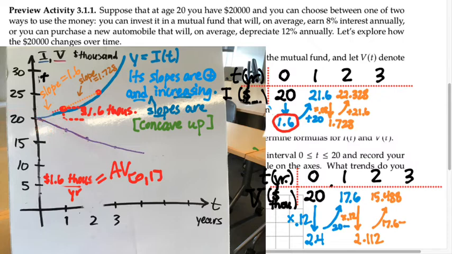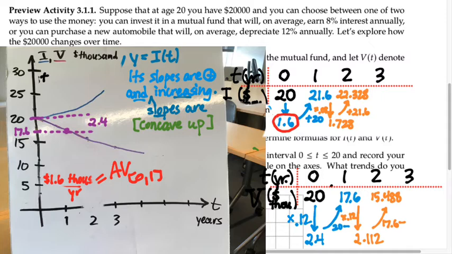I'm going to erase the annotations that we had here so that we can see what we're doing. In the first year, we go from 20,000 down to 17,600. That's this point right here, 17.6. If I'm finding the average rate of change, we've lost 2.4 over a period of 1 year. What is the average rate of change going to be in this example?